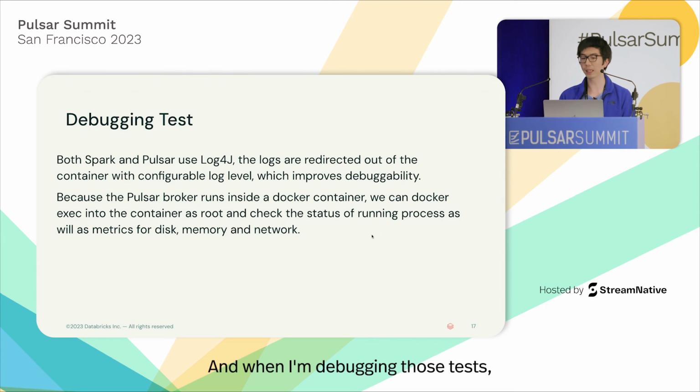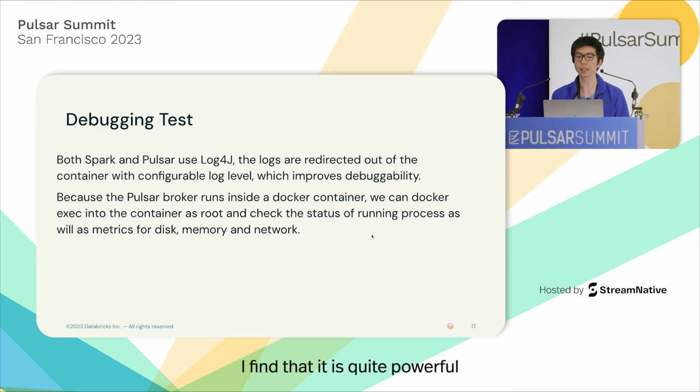And when I'm debugging those tests, I find that it is quite powerful to use log4j in both Spark and Pulsar, as long as we redirect the log out of the container and into the console. We can troubleshoot the problem easily.